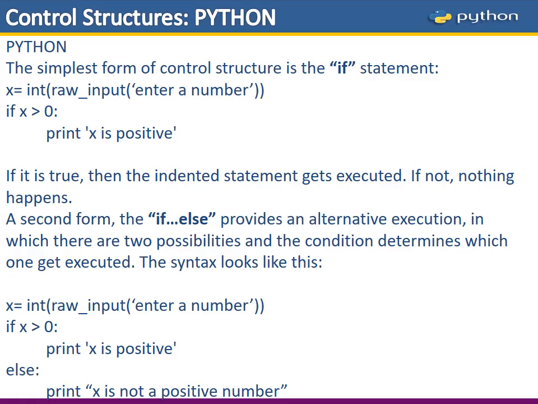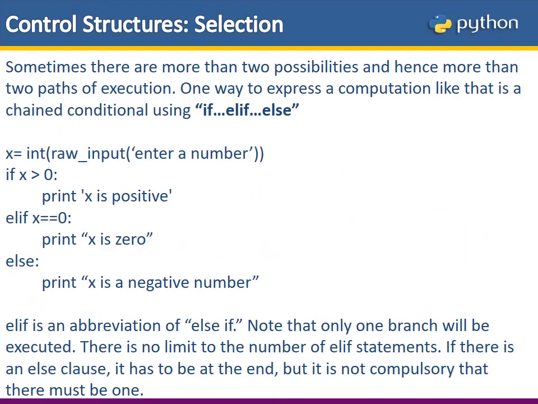So we can see that it executes one block of code if a condition is true, and a different block if it is false. The first block is the if statement, and the different block is the else statement. We can see this in the code example.